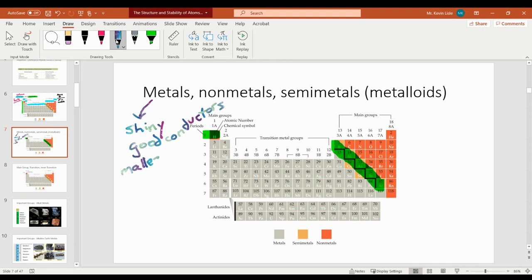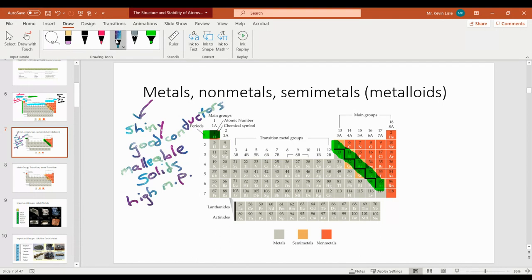You can bend them and shape them. And for the most part, most of them are solids. And typically, those solids have relatively high melting points. There are always exceptions. Mercury is a good exception. It has a low melting point, but most metals have relatively high melting points.